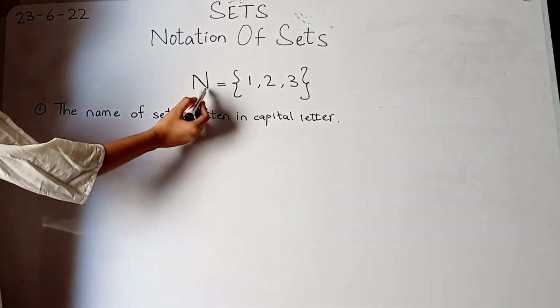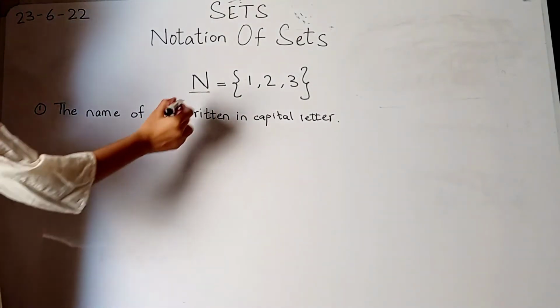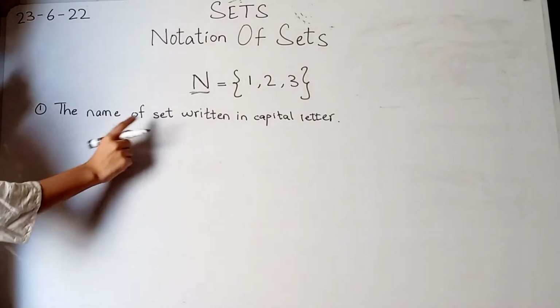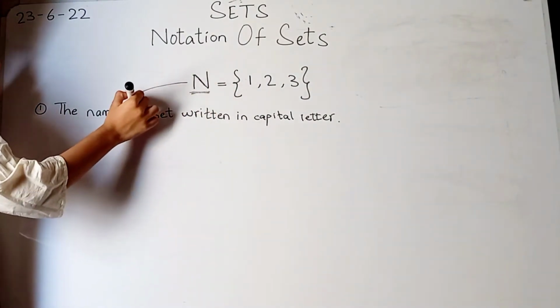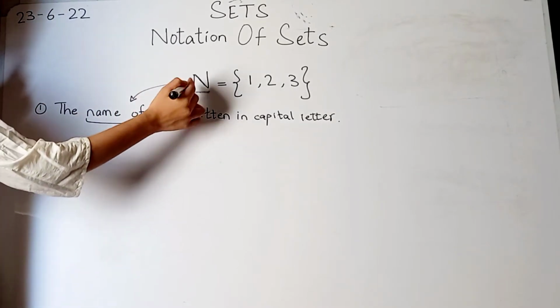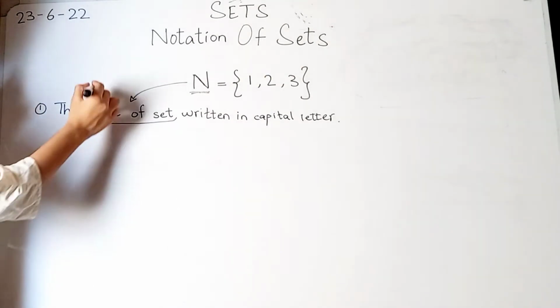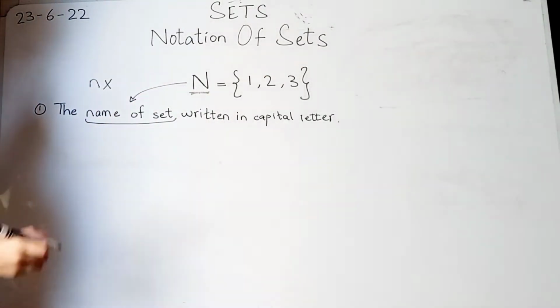In this example, the name of the set is N. N is the name of the set, and it's always written in capital letter. We cannot write small n, we will write N in capital letter.